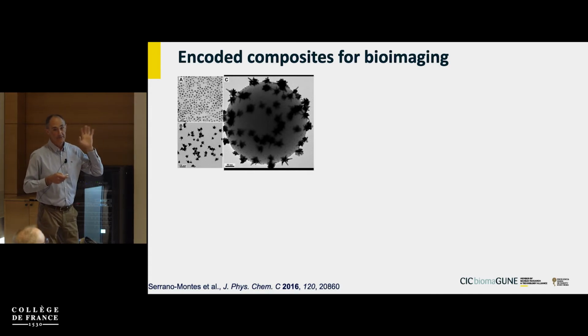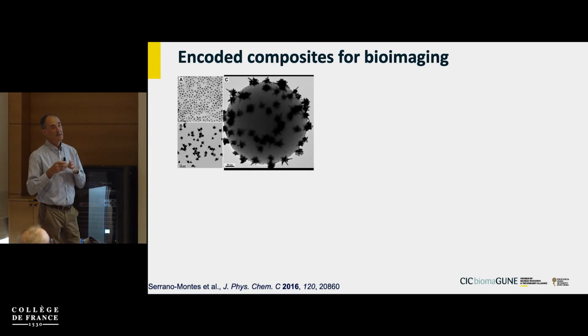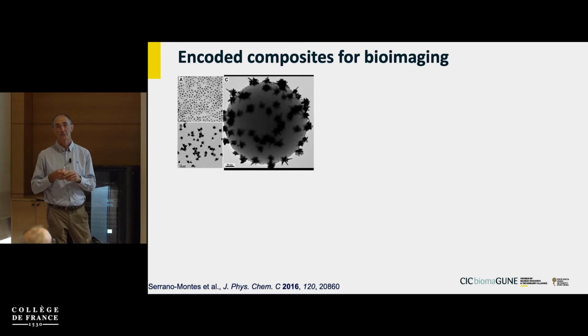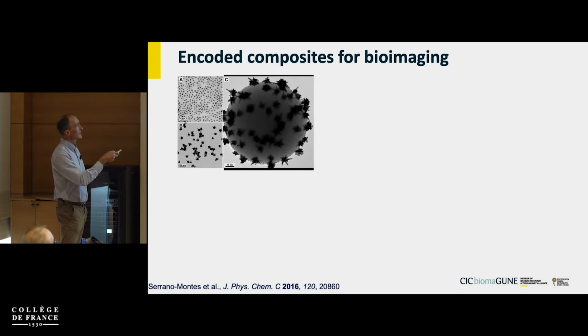Again, another different system, and then you see here the many possibilities of colloidal nanocomposites for this application. This is a system where we have a polystyrene core, which has been fluorescently labeled inside.